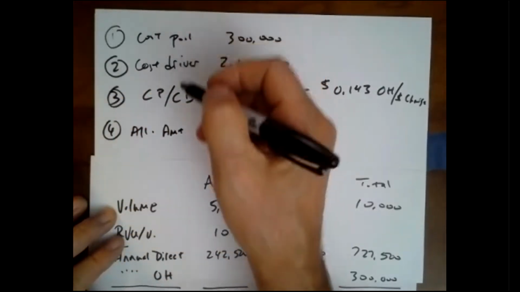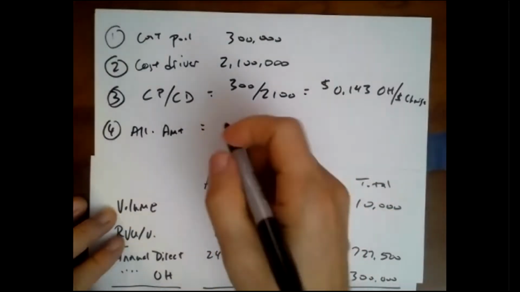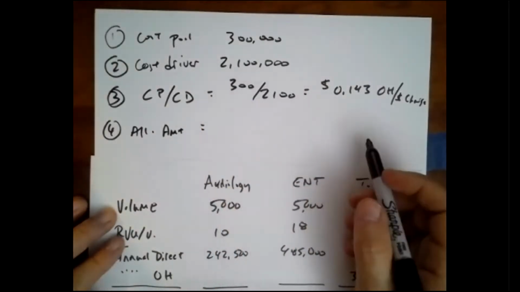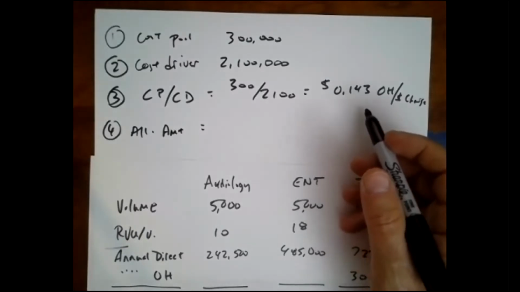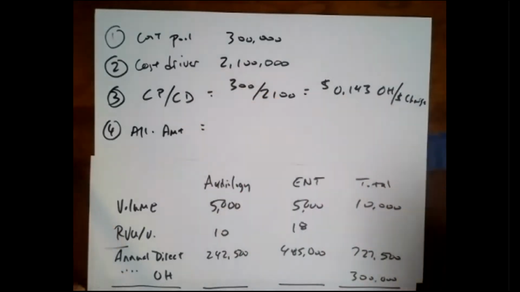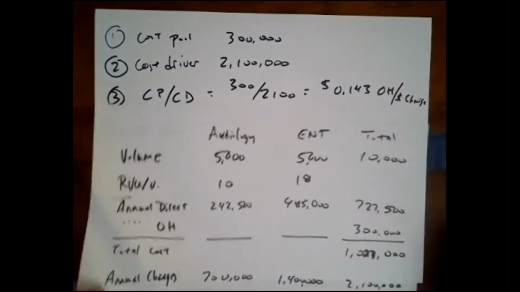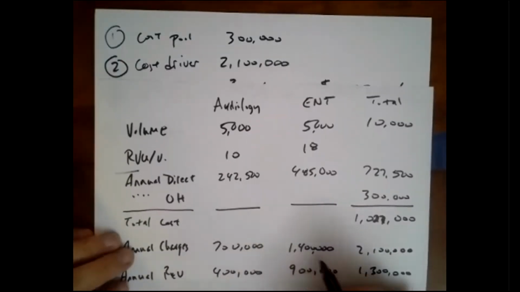Right, so we're doing the same 4-step process. The allocation amount is the allocation rate times the cost driver for the individual clinic.